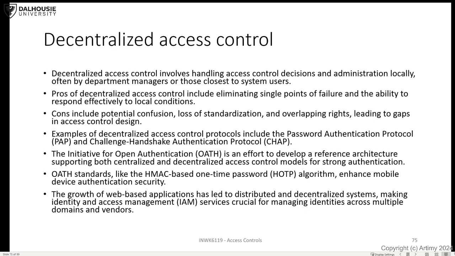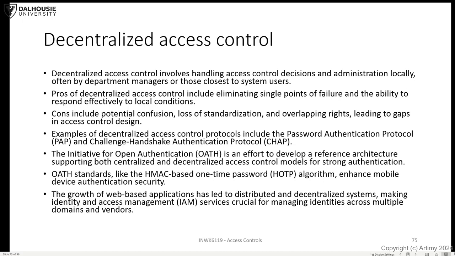All right, so decentralized access controls involve handling access decisions and administration locally by department managers or system users, or somebody who's close to the system users. As with any centralized mechanism, there is always the risk of a single point of failure bringing the whole system down, because you cannot access anything if there's a failure. So you want decentralized access control.